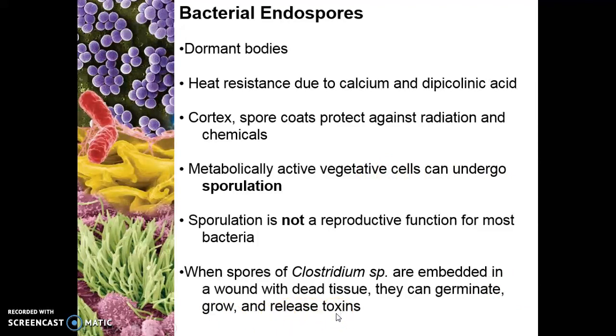So Clostridium tetani, Clostridium botulinum. These are organisms that can produce endospores, and then you step on a dirty, let's just go with the most obvious thing, a dirty nail, a rusty nail. And what happens? All right, a person could potentially get tetanus from that.